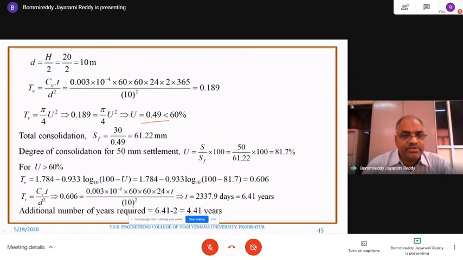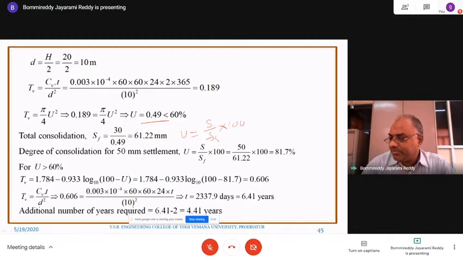So what is the total settlement? Total settlement is Sf equal to 30 by 0.49. What is this 30? This 30 is the settlement. It is nothing but U is equal to S by Sf into 100.